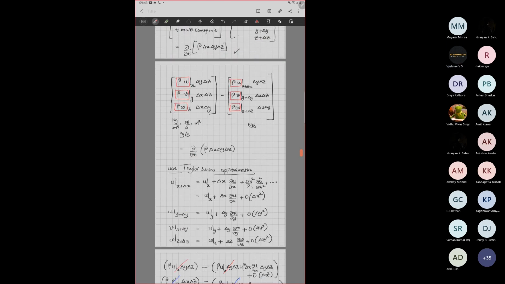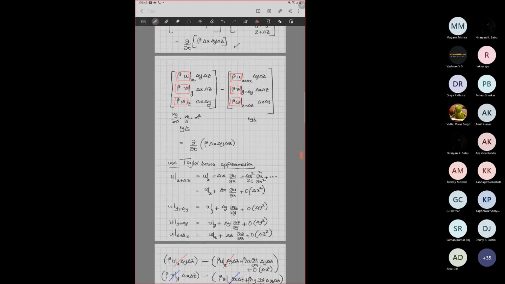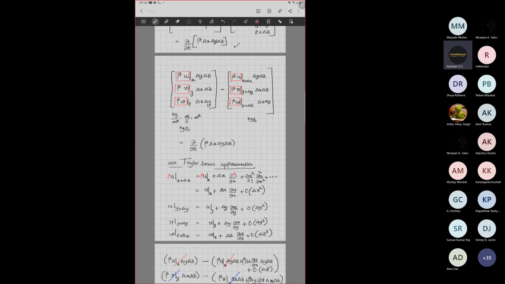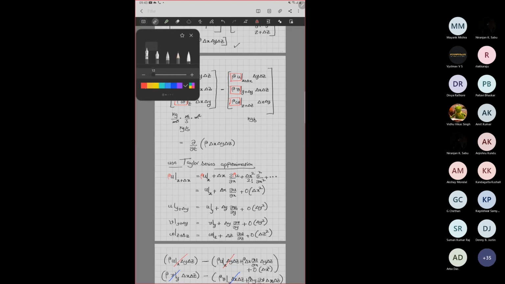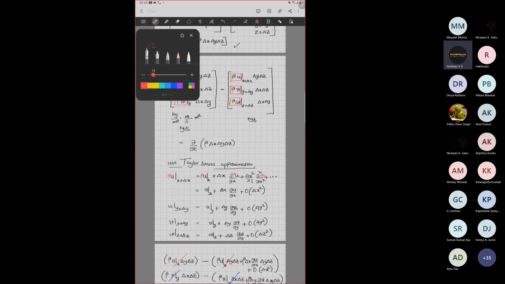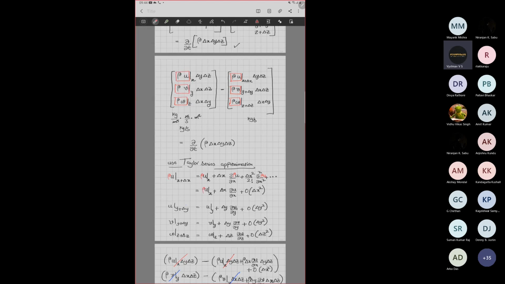completely. If I do the same analysis, calculate rho u at x plus delta x: it is rho u at x, plus delta x multiplied by the derivative, and replace this u by rho multiplied by u, plus delta x square by 2 del square by del x square, which varies in terms of the rho u component. Rho u calculated at x.